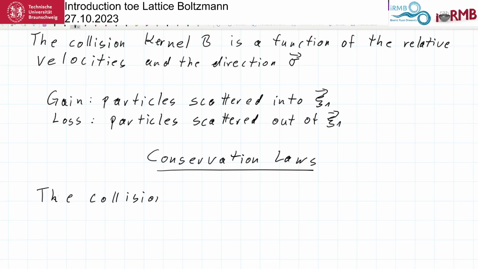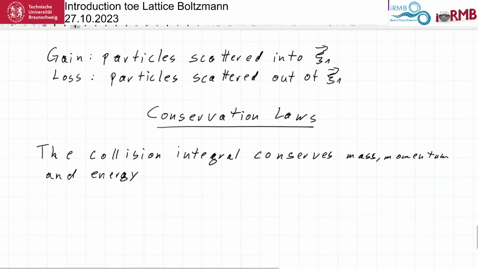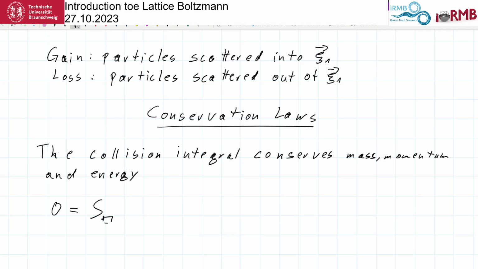And this can be done, so the collision integral conserves mass, momentum, and energy. The conservation of angular energy is somehow implicit to this. Okay, so this can be seen when we integrate over all outgoing velocities.